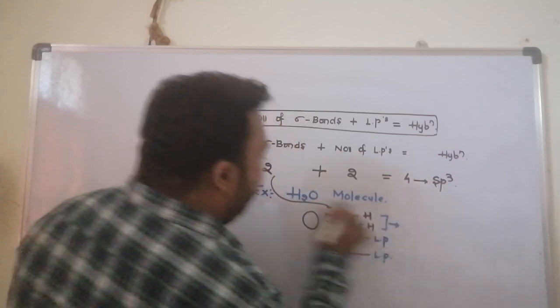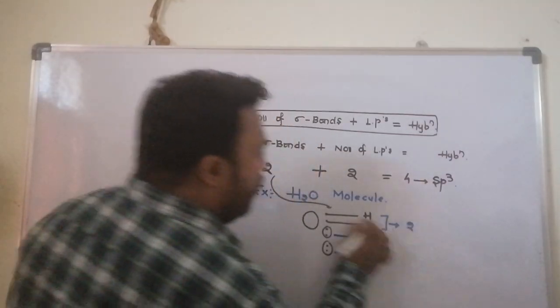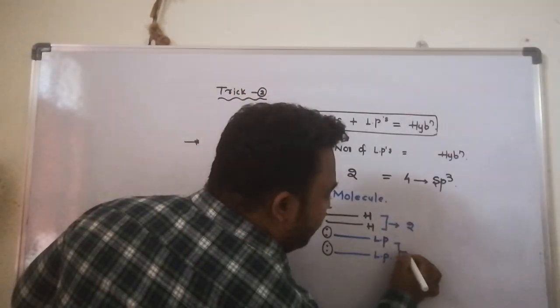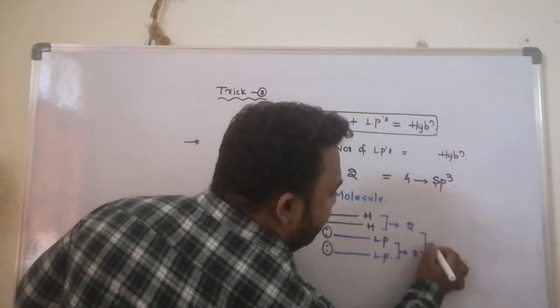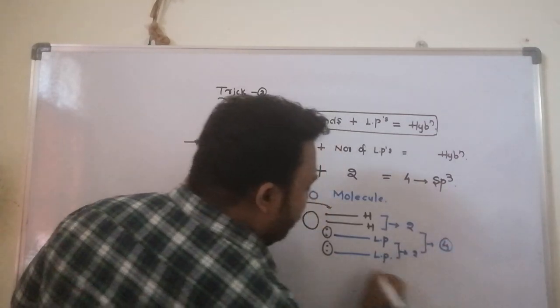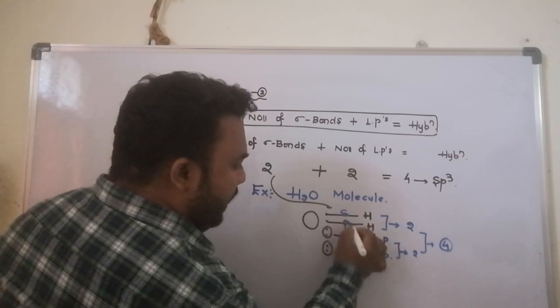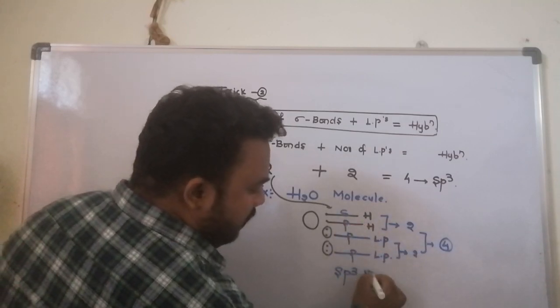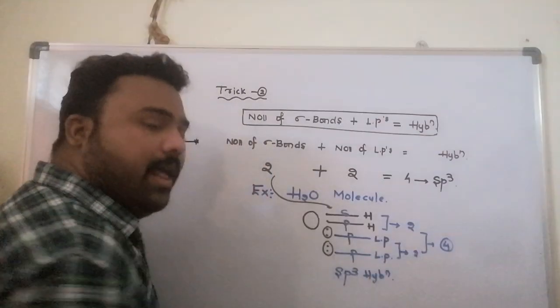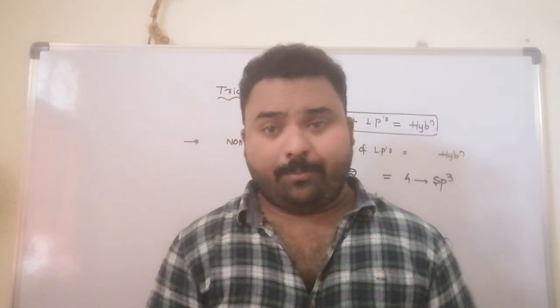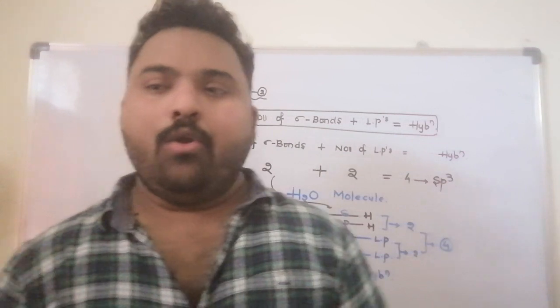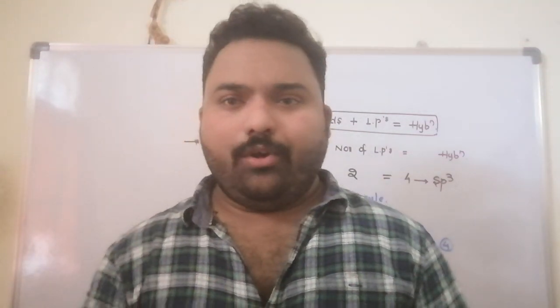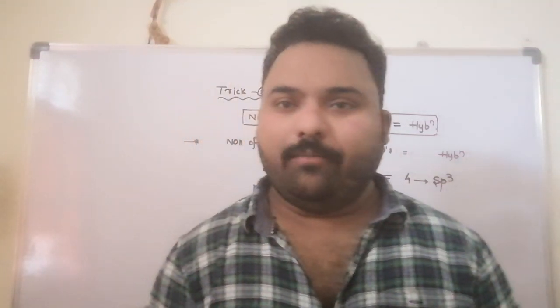So the total number of sigma bonds is 2, and the total number of lone pairs is 2. 2 plus 2 means 4. 4 means sp3 hybridization.